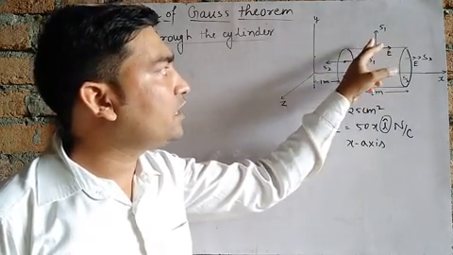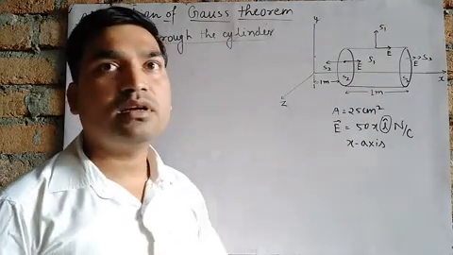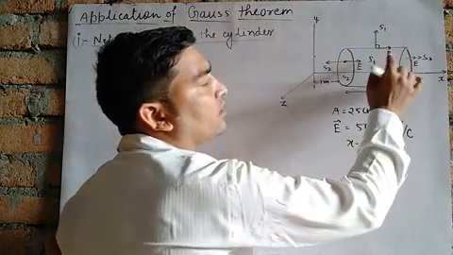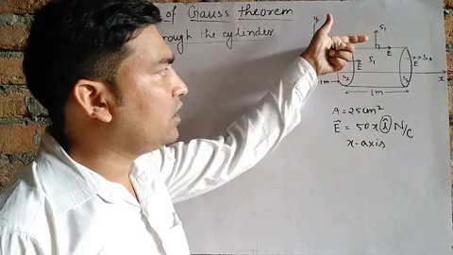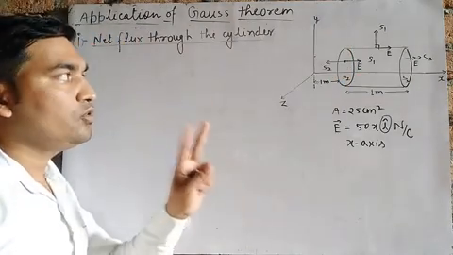Then the net flux through the curved surface is 0, because when the angle is 90 degrees, cos 90 equals 0, so we do not find any electric flux through the curved surface. Hence, only two surfaces matter here.